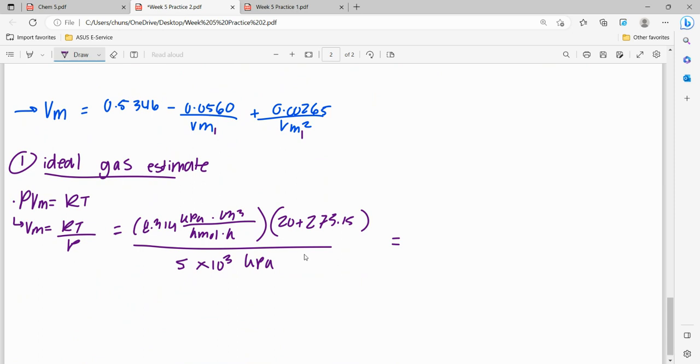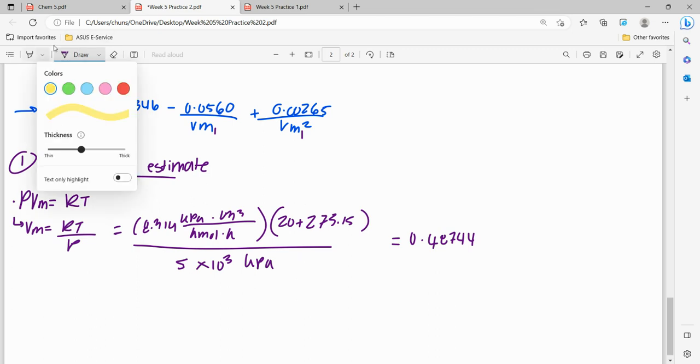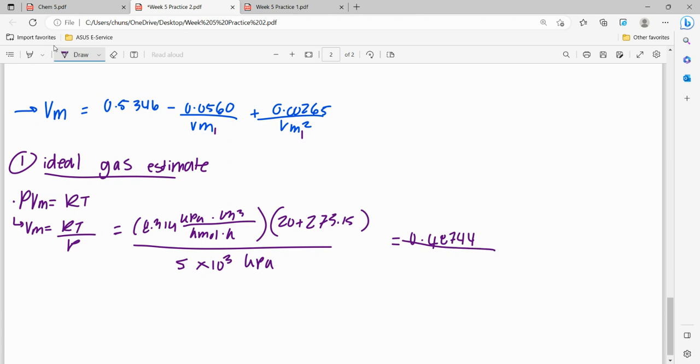And this is divided by 5 times 10 to the 3. And this we already solved for, so 0.48744. And this is our first estimate, so this is what's going to be going into the right side of our estimate.